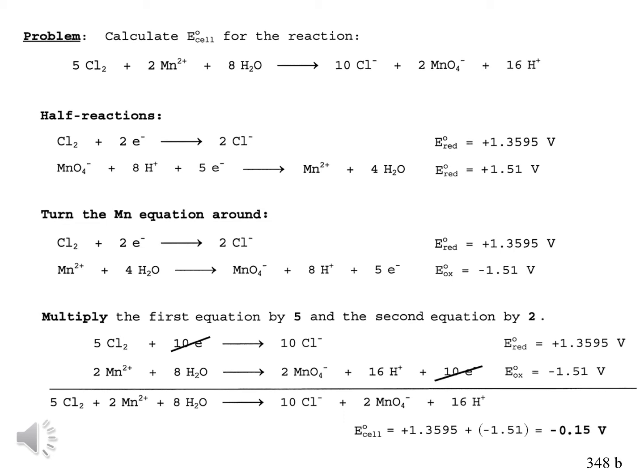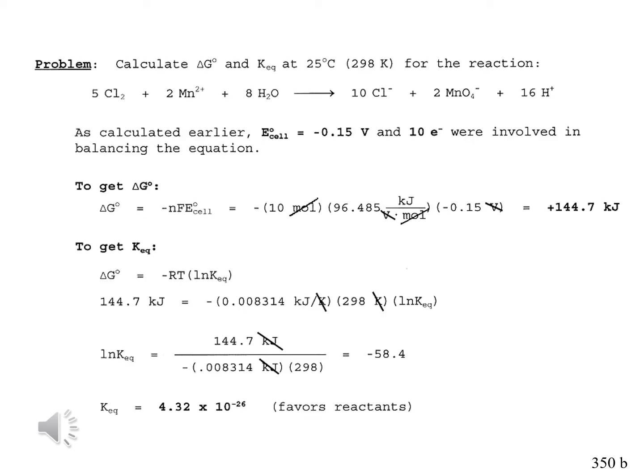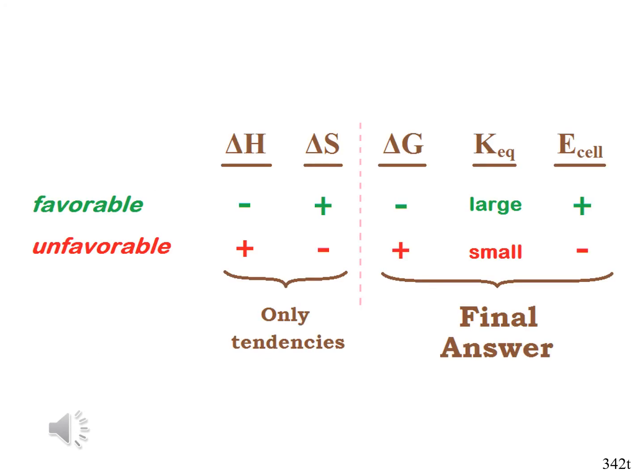We crossed out 10 electrons and the voltage came out negative or non-spontaneous. And when you plug in the 10 canceled out times the negative 0.15 volts, you get positive G. And when you use the G to calculate K, you get a very small K. And those three always go together. That is the red row in this table.